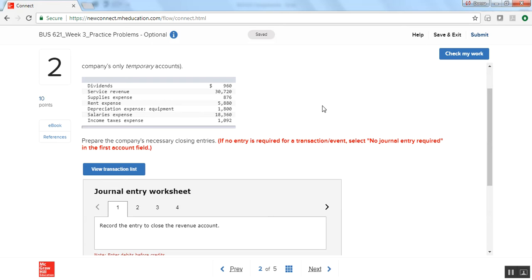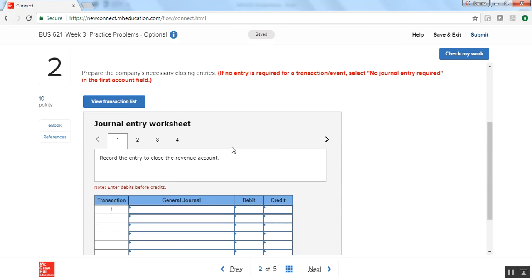If you'll remember from last week, revenue is a normal credit balance account because it increases equity with our credits. Therefore, in order to close this account and bring it to 0, we're going to have to debit the account to bring that credit balance to 0.